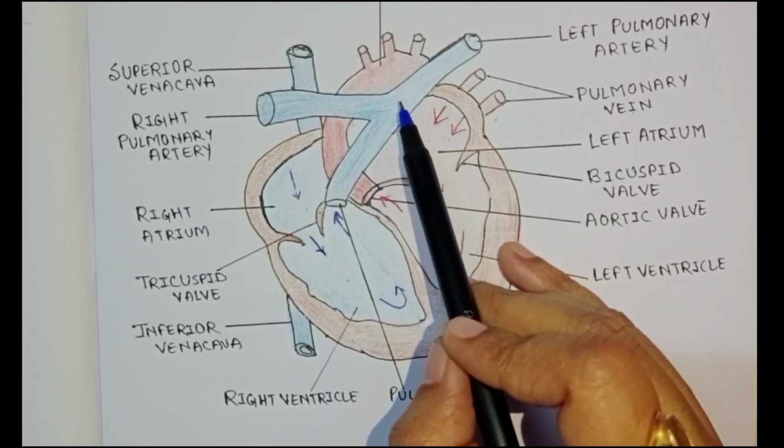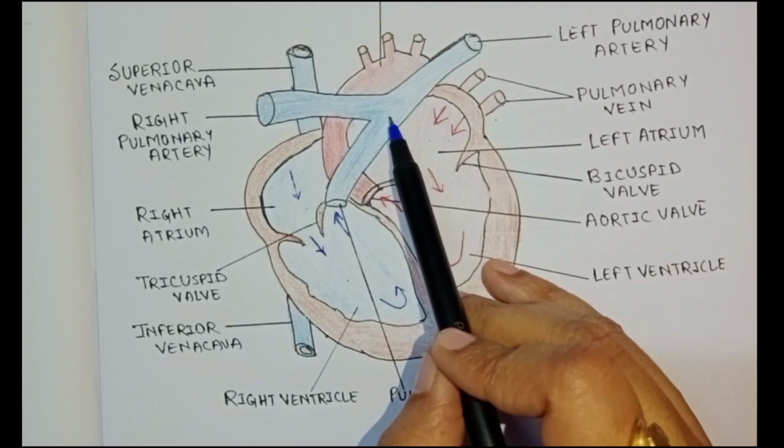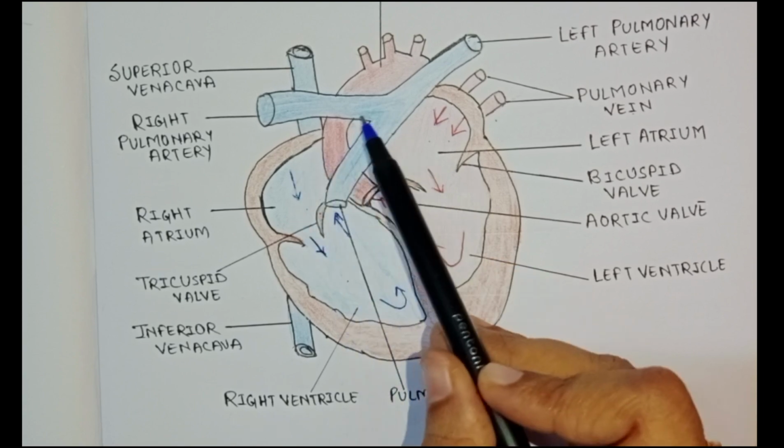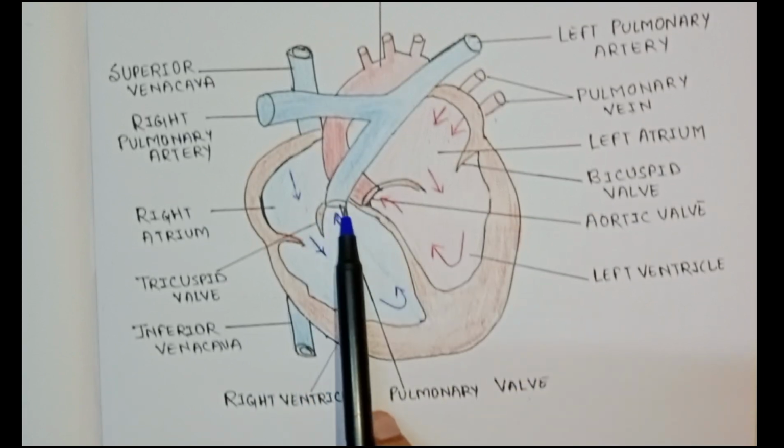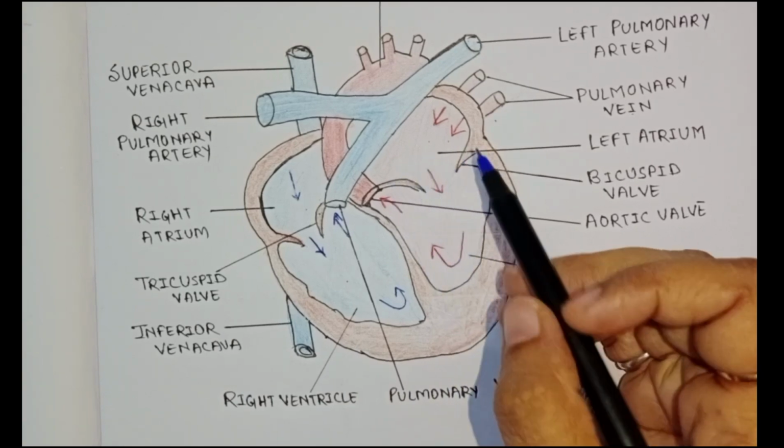This is also an exception in the body, where an artery carries deoxygenated blood. The pulmonary artery is guarded by the pulmonary valve, that is the semilunar valve.